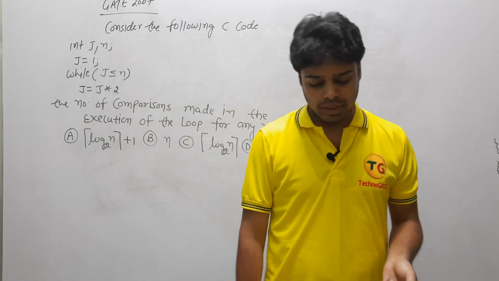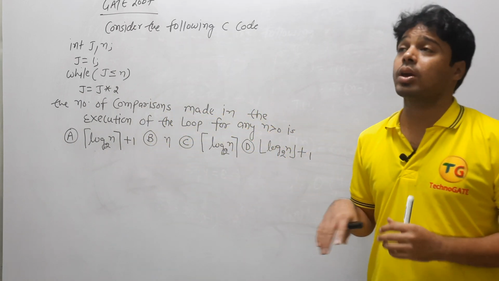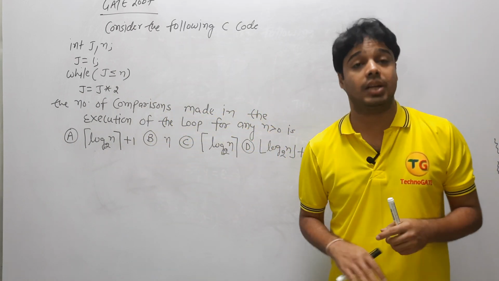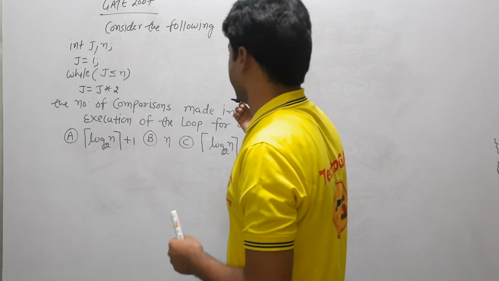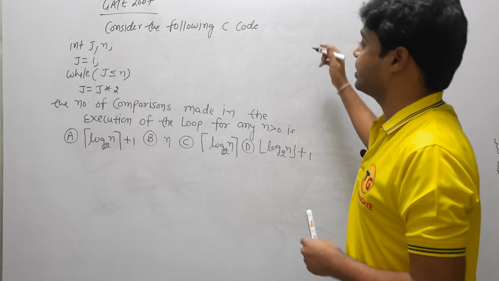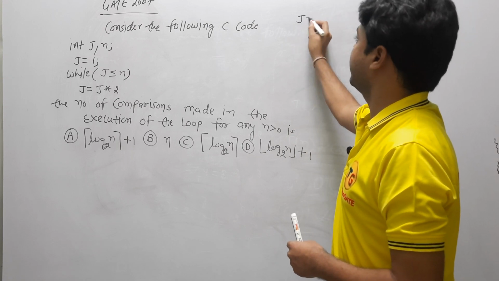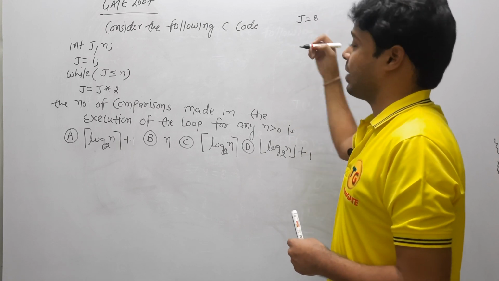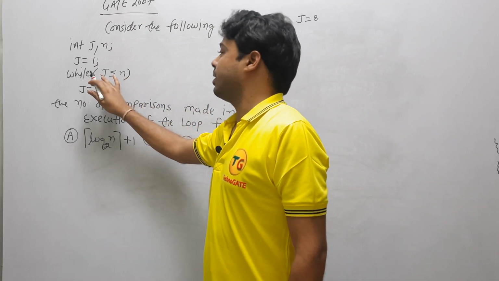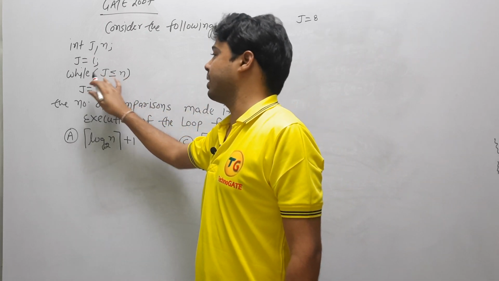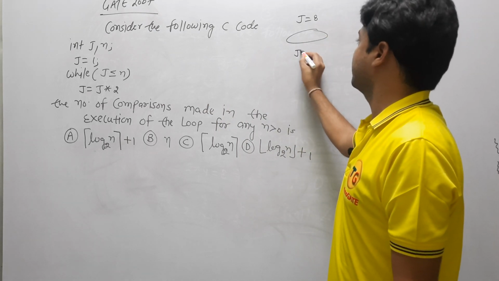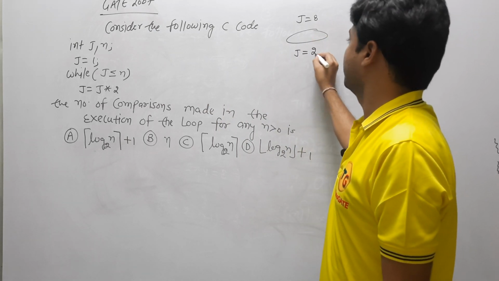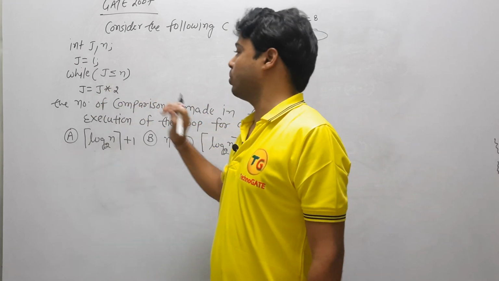So how do we approach this type of problem? Again, take a counter example. Through a counter example you can solve any problem for any subject. Suppose n is 8. Then j is 1, and 1 is less than or equal to 8, yes, so the loop executes and j becomes 2.